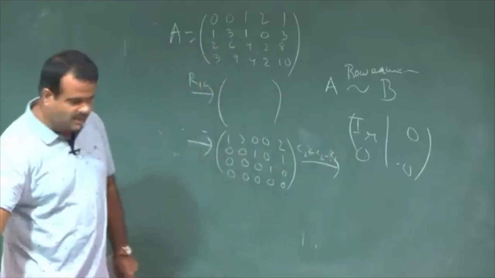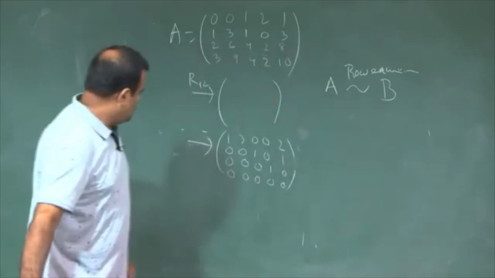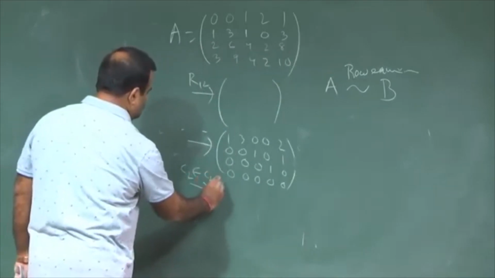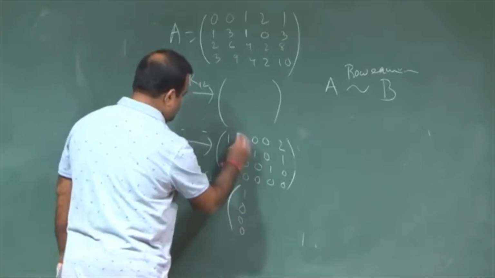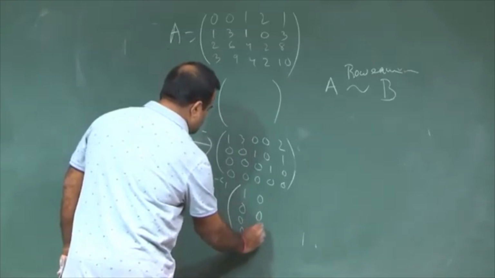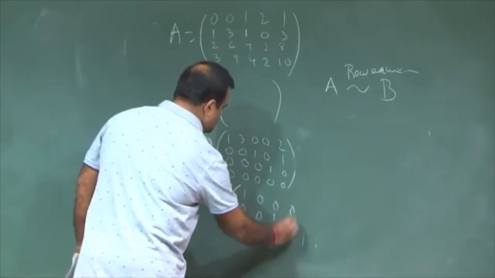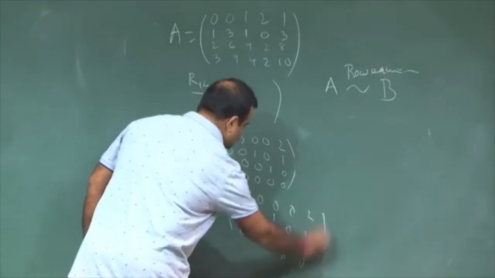So, from here C 2 goes to C 2 minus C 1, then the first column will remain the same, this will be all zeros, then 0 1 0 0 0 0 1 0 2 1 0 0.